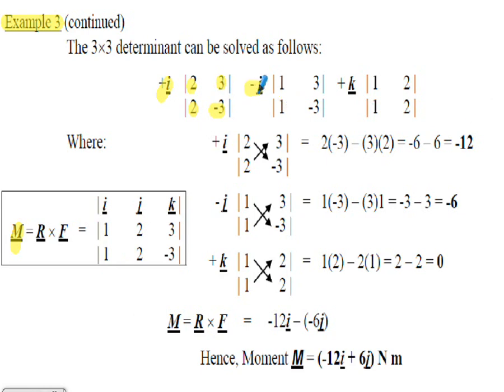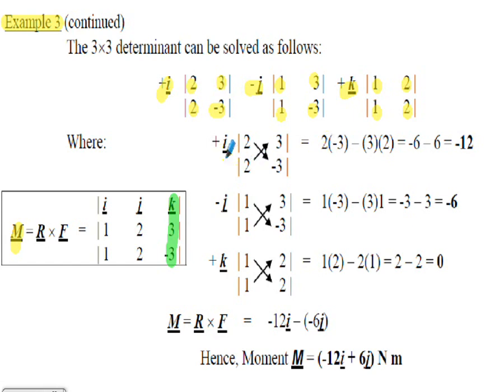For the negative j determinant, we have coefficients of 1, 3, 1 and −3, by covering up the j column and looking to the left and right of that column. For the positive k determinant, that's 1, 2, 1, 2, because we're covering up the k column and looking to the left.